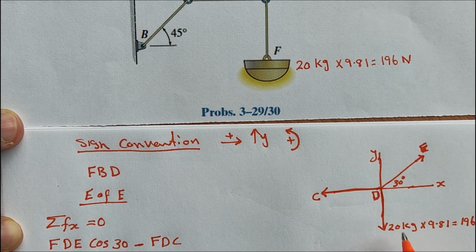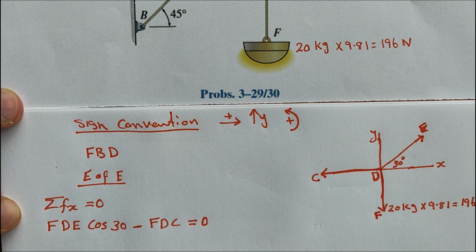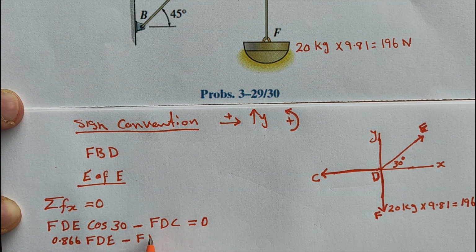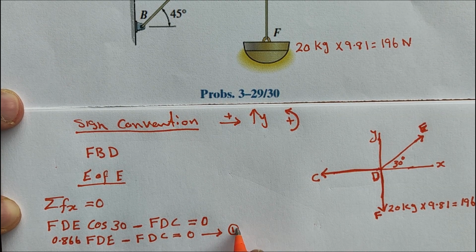Downwards, the weight doesn't have any x component, therefore that's it for this diagram, and these all should equal 0. From here we know that cos 30 is equal to 0.866, so 0.866 FDE minus FDC equals 0. Let's number this equation 1.